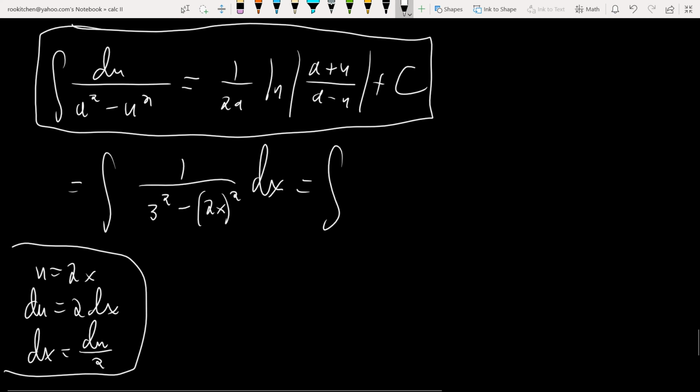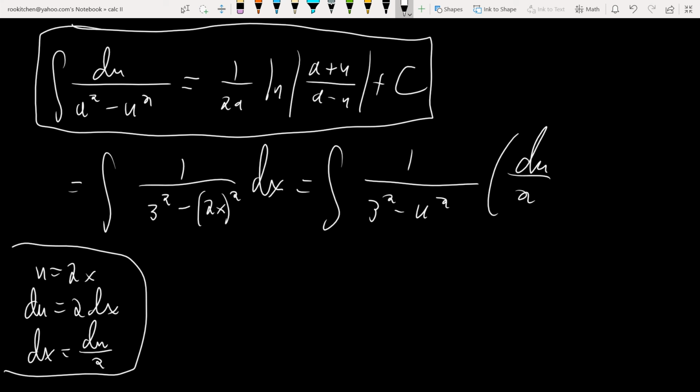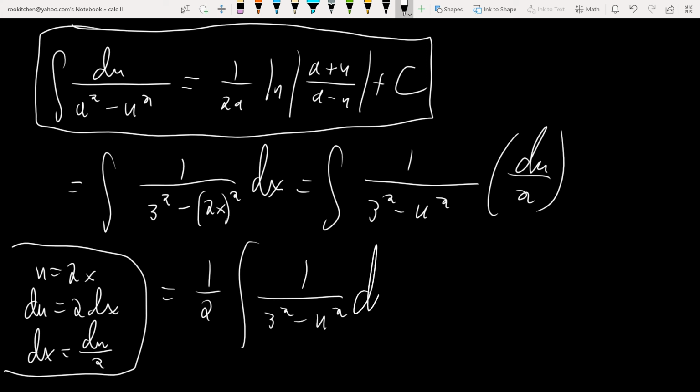So you have the integral of 1 all over 3 squared minus u squared times dx, which is now du over 2. Factor out that new 1/2 constant, and you get 1 all over 3 squared minus u squared du. In this case, the a is 3, and we plug and chug into that formula in the box.